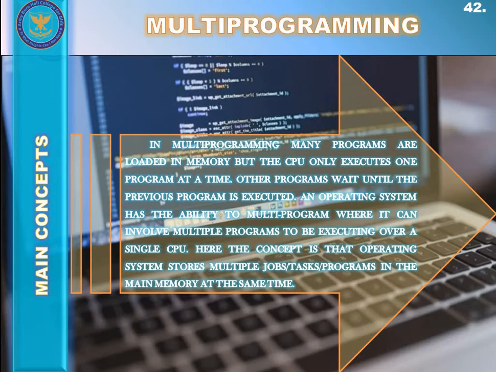Then afterwards the CPU would move towards another program, and completely attend the instructions or subparts or subtasks of that program.